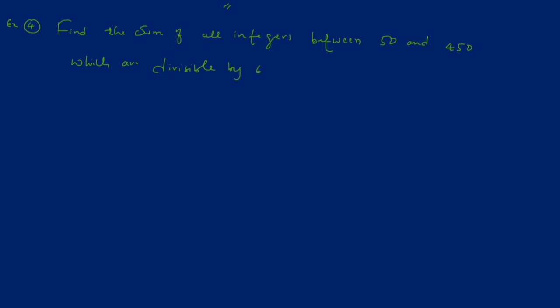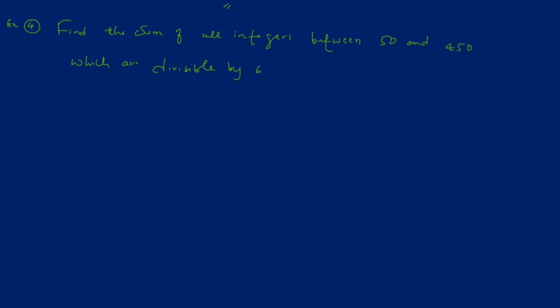This is example 4. Find the sum of all integers between 50 and 450 which are divisible by 6.